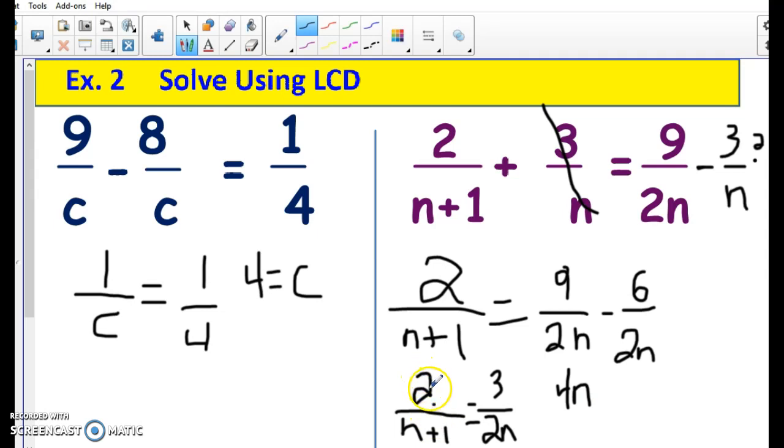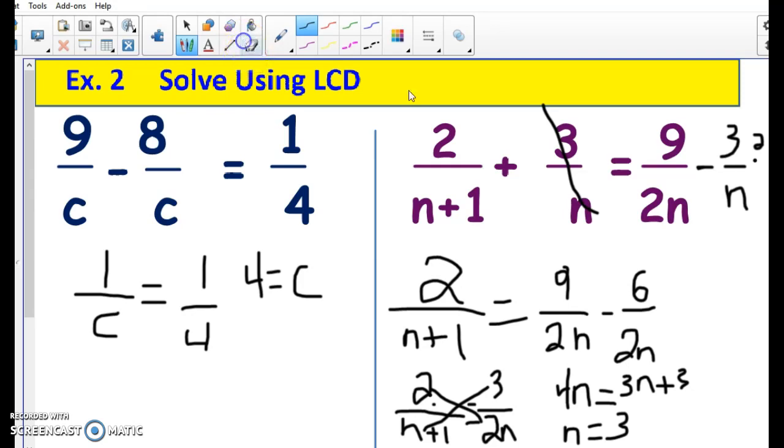There's my 4n right there, 2 times 2n. And if I multiply this, I have 3n plus 3. Okay, subtract 3n from both sides, so I'm left with n equals 3.